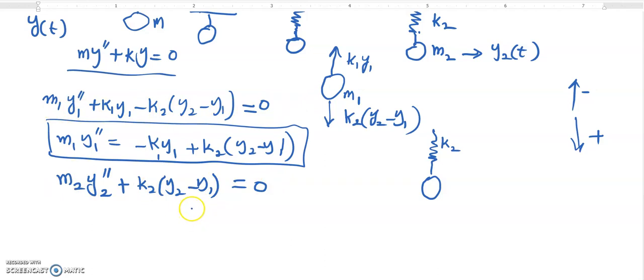We can write these equations in terms of y1 double prime and the coordinates y1 and y2, arranging them like this.